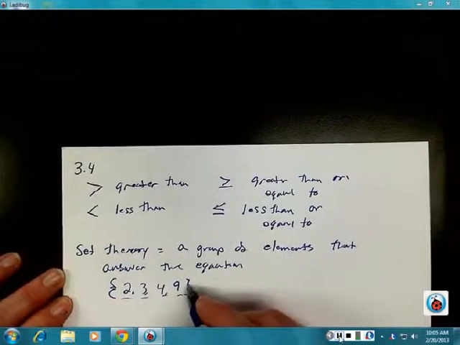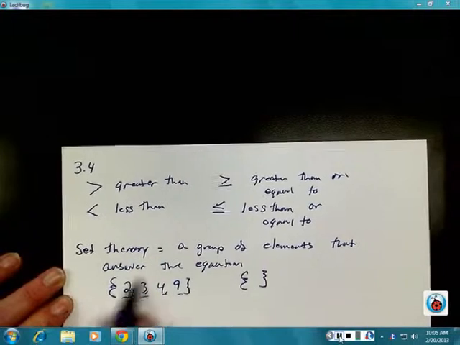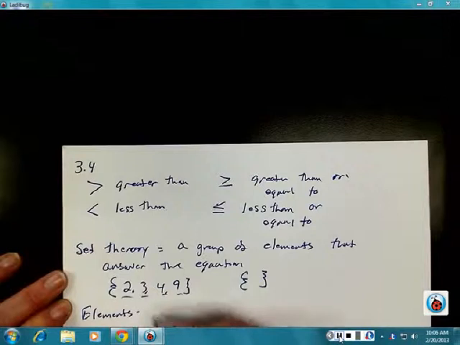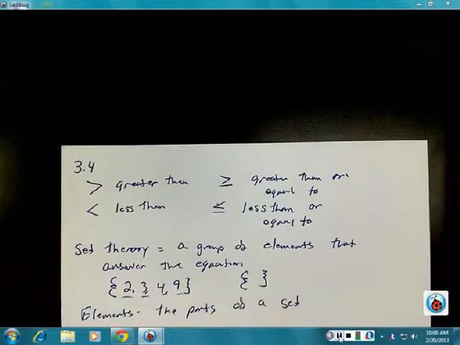And you use these braces because within the braces, I can list what are elements, and that is the parts of a set. So I can list my elements in there and come up with what my values happen to be.